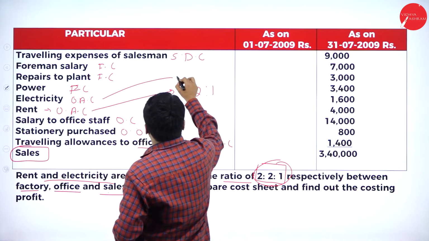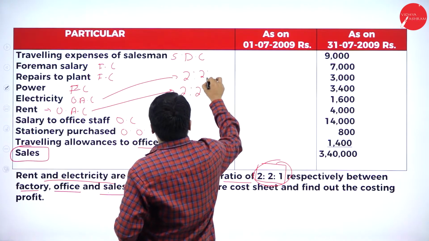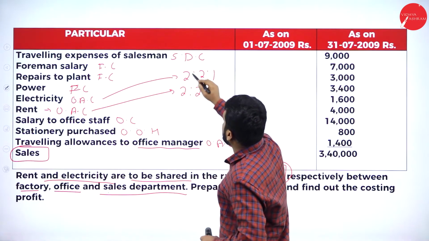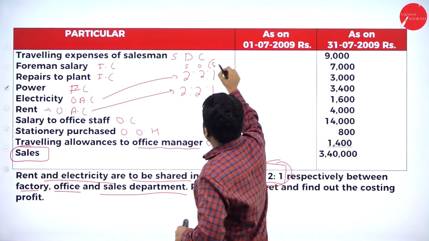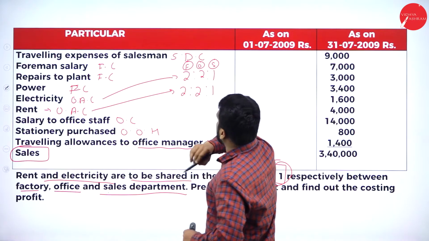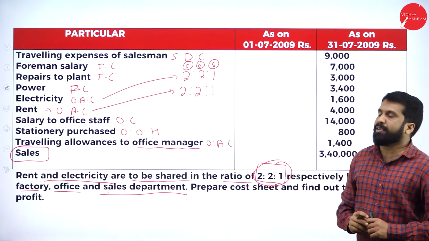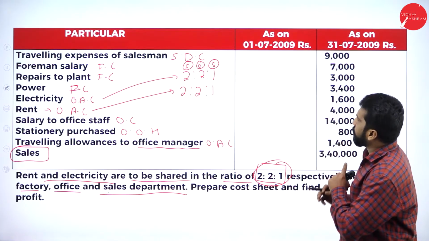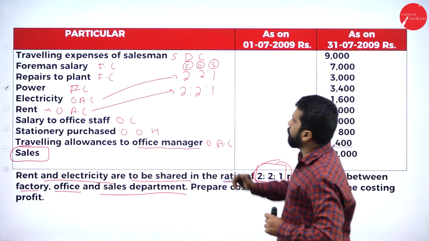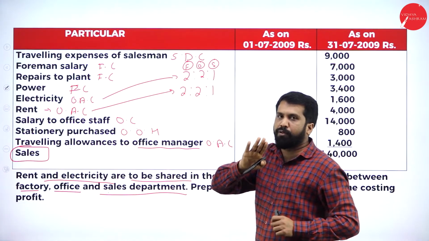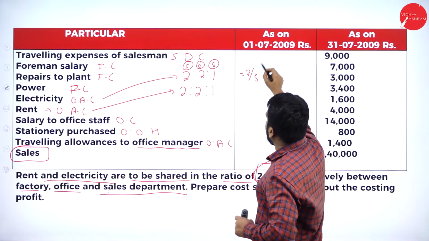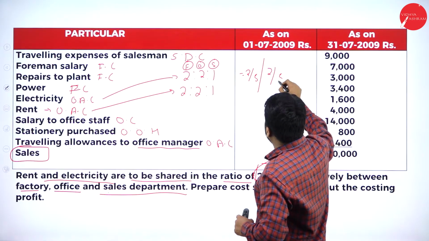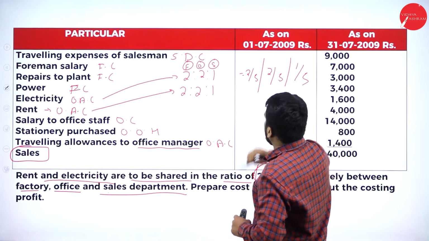You have electricity, 2:2:1. For whom? This will be factory, office and selling and distribution overhead. Now, how to calculate? Rent amount into 2 plus 2, 4, 4 plus 1, 5. This will be 2/5, 2/5 and 1/5.